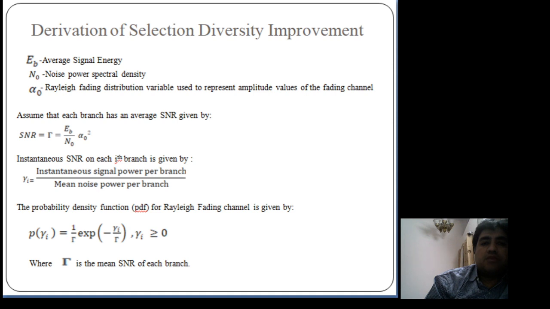So that is Eb by N naught, signal to noise ratio, multiplied by the Rayleigh distribution variable. So the instantaneous signal to noise ratio on each branch is given by the instantaneous signal power per branch divided by the mean noise power per branch. So according to the Rayleigh fading distribution, the probability density function for each channel is given by this particular formula, where this gamma is the mean signal to noise ratio of each branch.